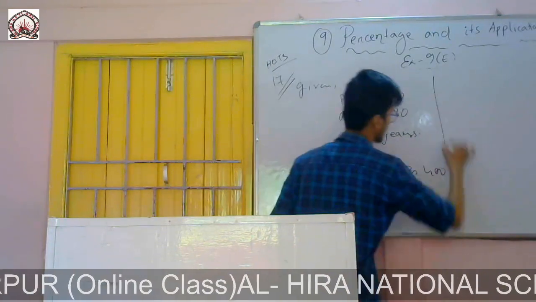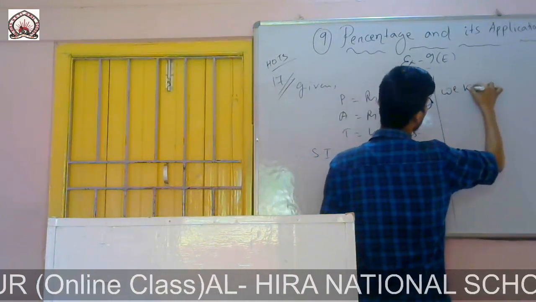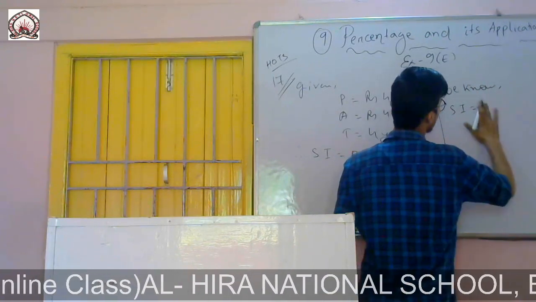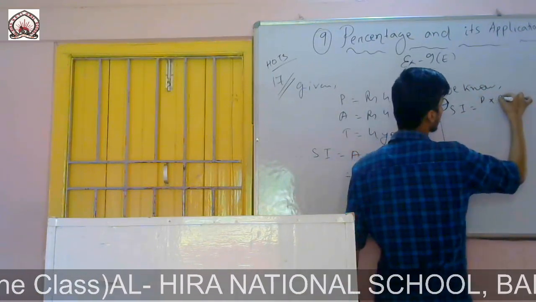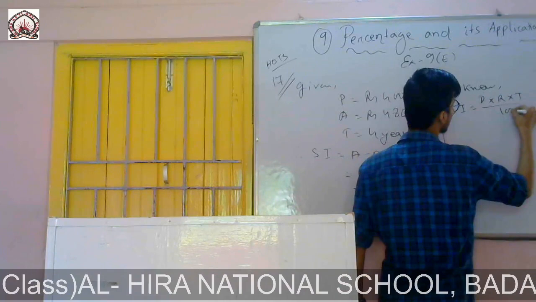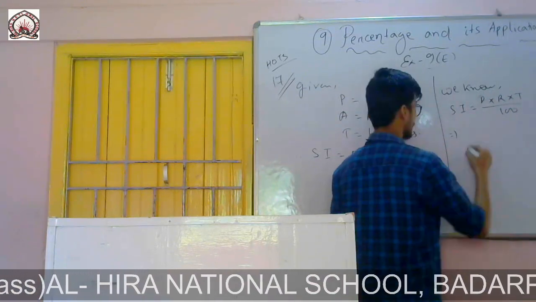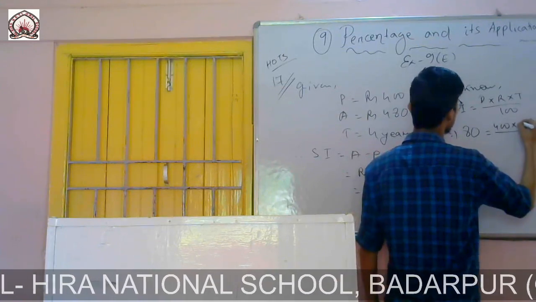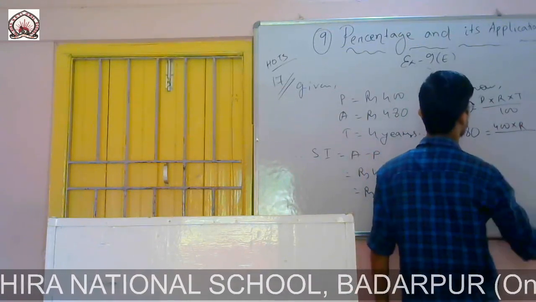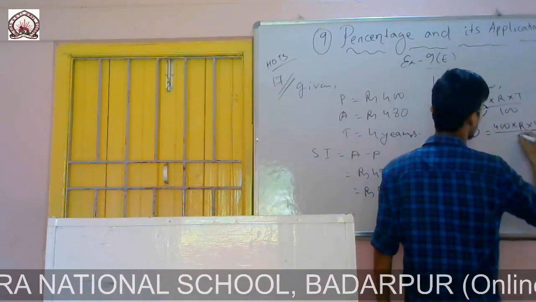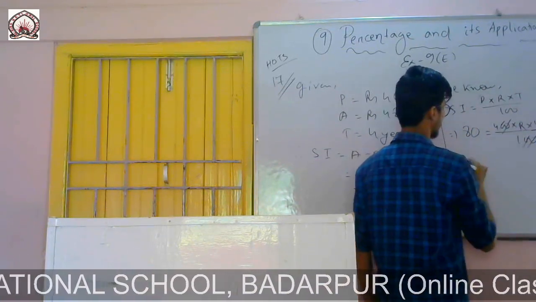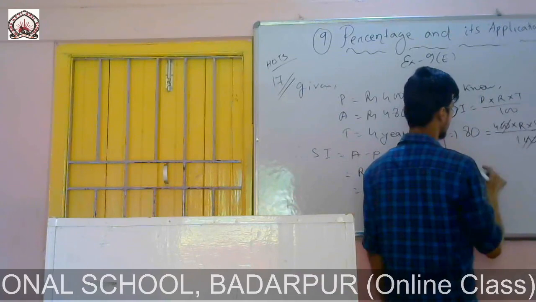Now we'll find the rate. We know SI equals PRT by 100. SI is rupees 80, P is 400, rate we have to find, and time is 4. Dividing by 100, the zeros cancel.